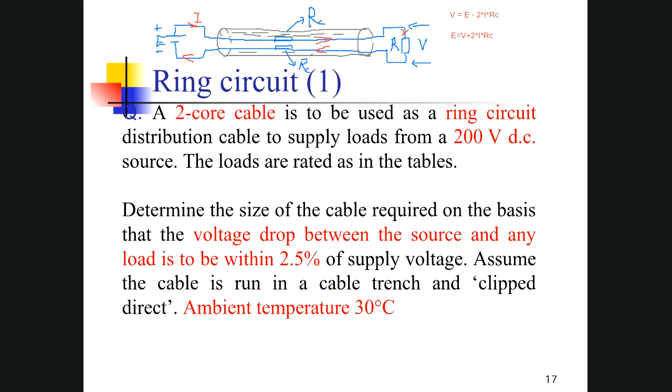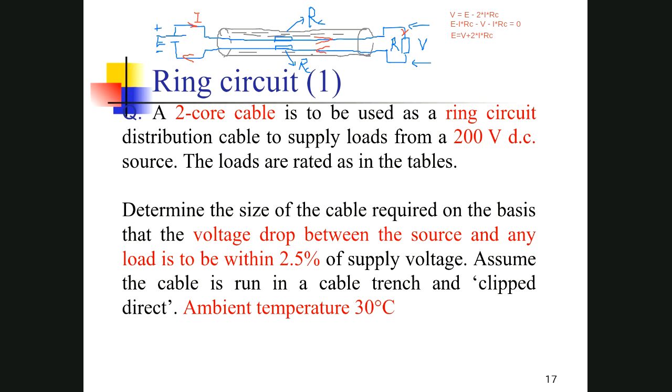Or we say E minus I times RC minus V minus I times RC equals 0. That's the relationship.